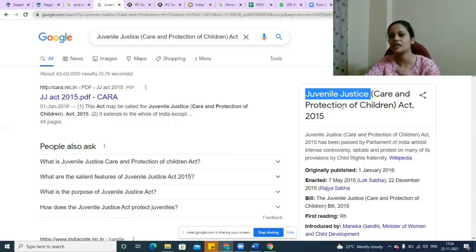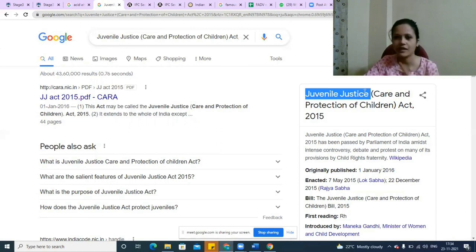So they made changes here. They said that if a child within the age group of 16 to 18 years commits a crime, we will not straight away try him under the Juvenile Justice Act, but rather the court will try to understand if that child was mature enough or not.